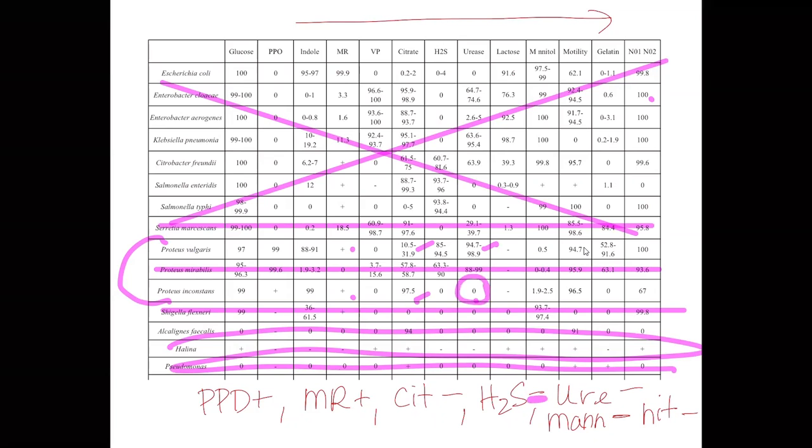So this fits better, right? And then urease is negative, and up here it's positive. Mannitol, both of these are negative. And then nitrate, this one has a chance of being negative and this one doesn't. So this is the best fit for this one.